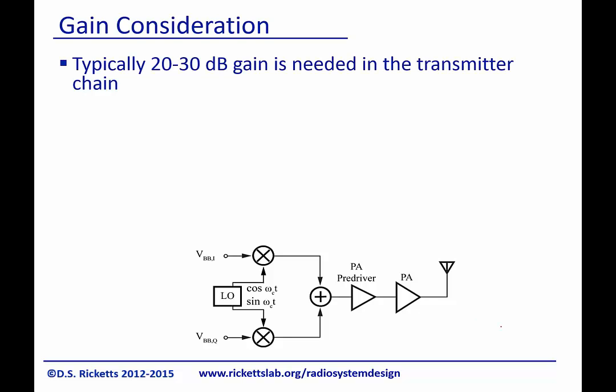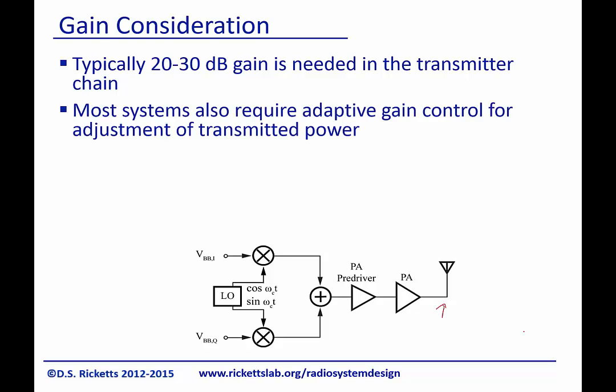And then finally, typically in a transmitter we need quite a bit of gain, 20 to 30 dB. That's because we're generating the baseband signals with very low power, and we want to transmit with enough power to reach our final destination. One thing about gain in a transmitter or a receiver that's a little bit different is that because the amplitude of the signals coming in can vary depending on where the system is, we often need an adaptive gain.